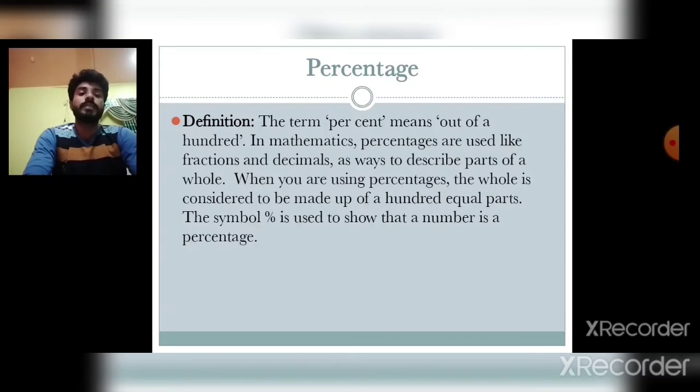When you are using percentage, the whole is considered to be made up of 100 equal parts, and the symbol percent is used to show that a number is a percentage.